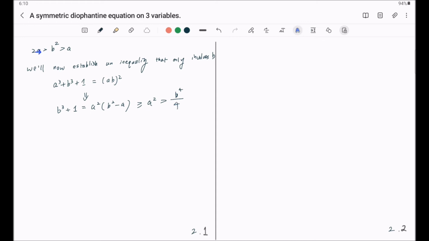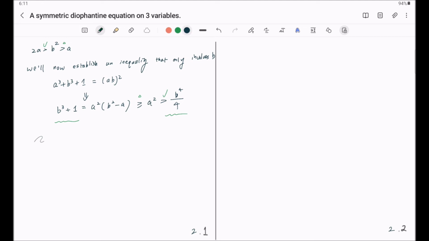We're taking the square of the first inequality here. So this part is by this, and this guy is from here. Now we obtained an inequality that only involves B.